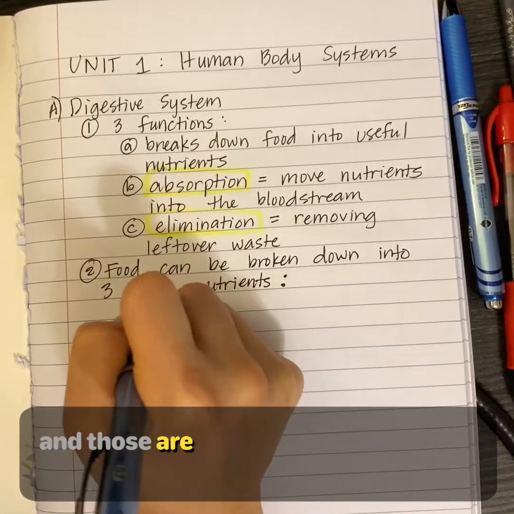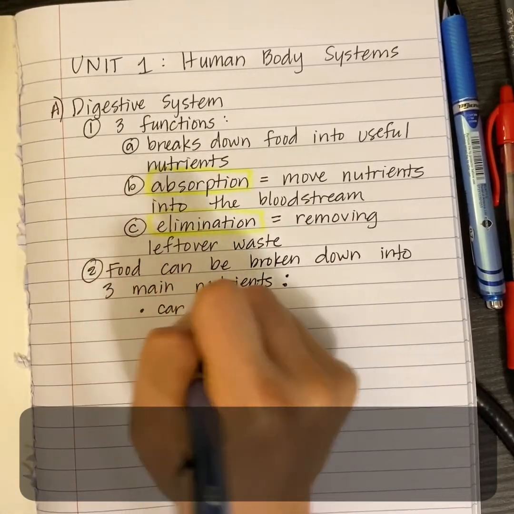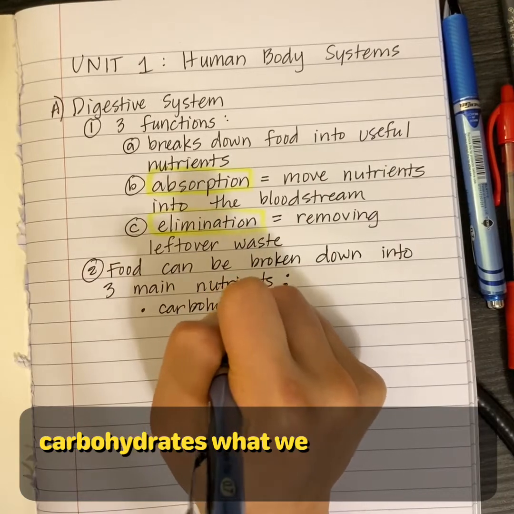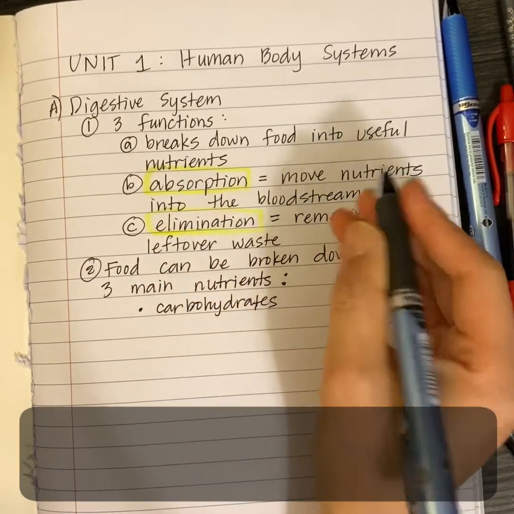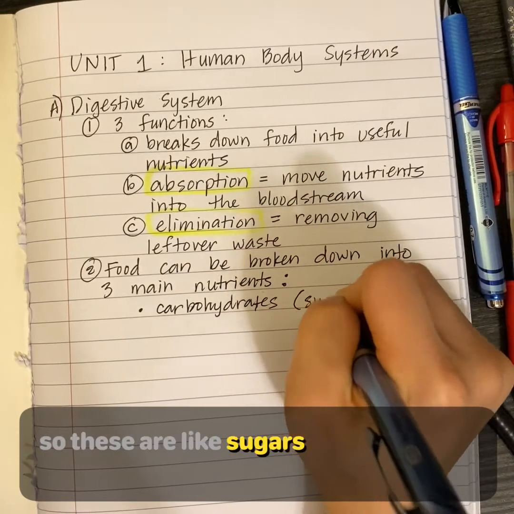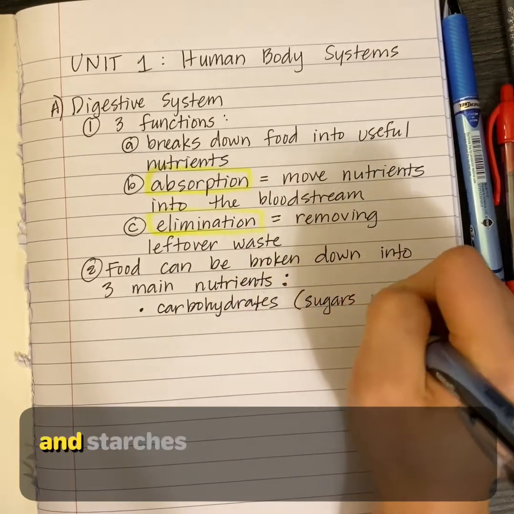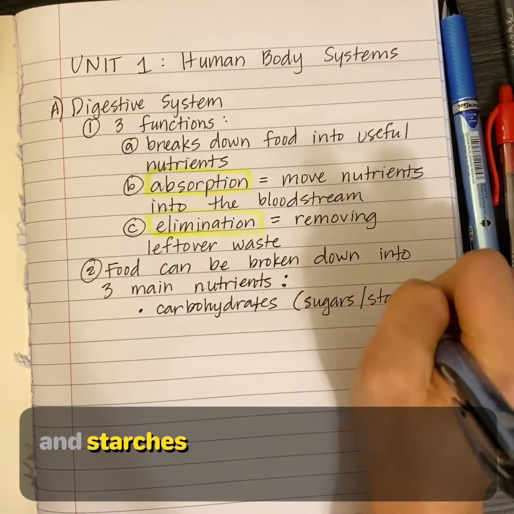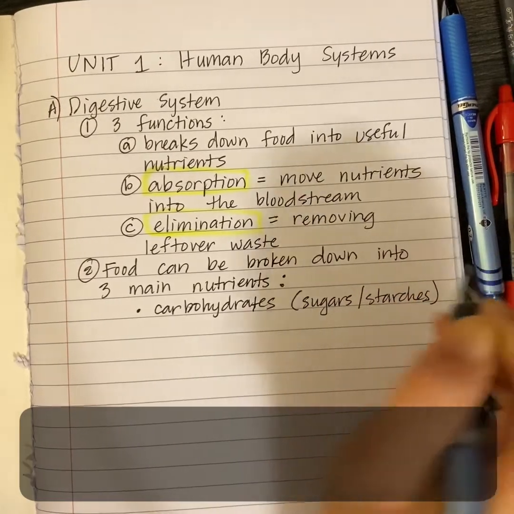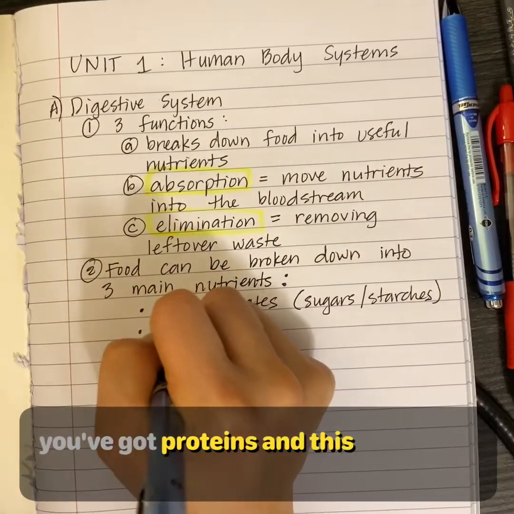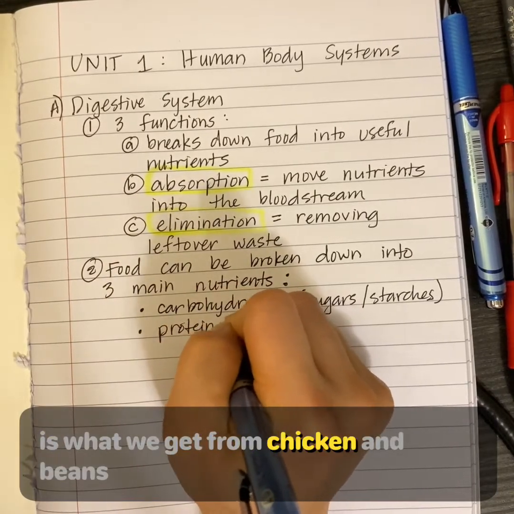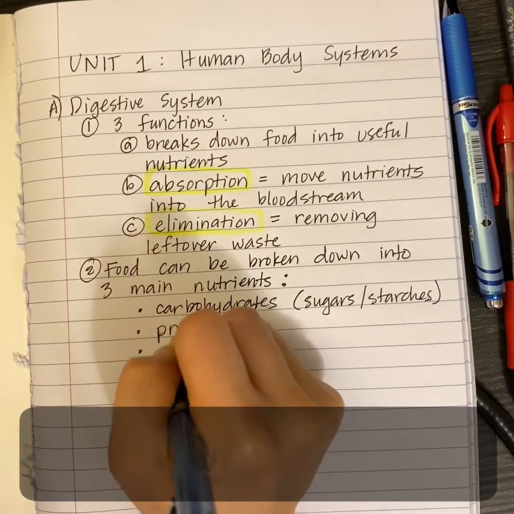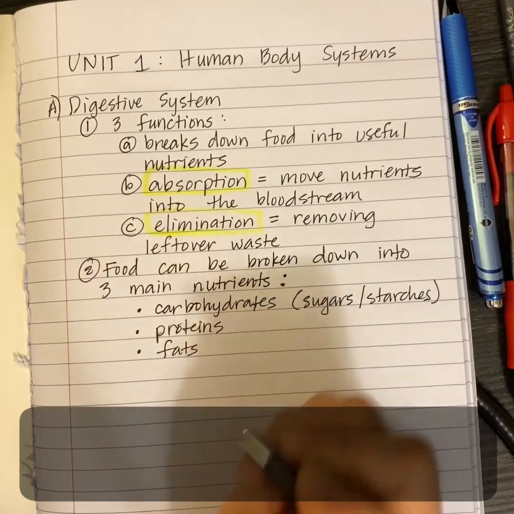And those are carbohydrates, what we know as carbs, right? So these are like sugars and starches. We've got proteins, right? This is what we get from chicken and beans, and then fats.